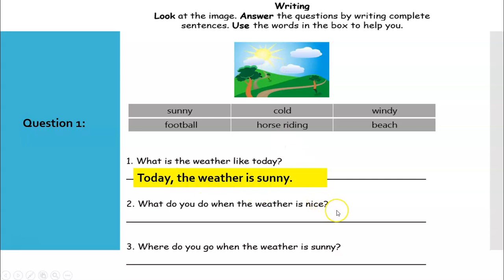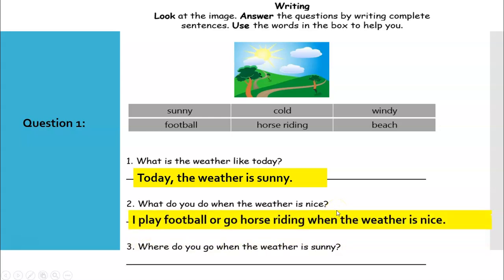The second question. What do you do when the weather is nice? I can say I play football or go horse riding when the weather is nice. So I am using football and horse riding.